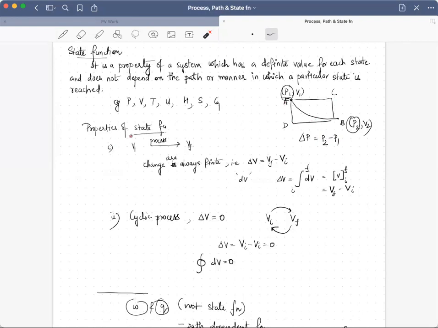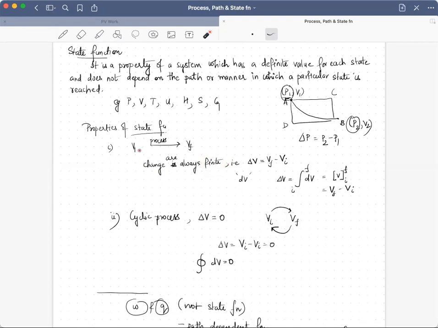Some of the important properties of state functions: when it comes to a change in a state function, it would always be a finite change.